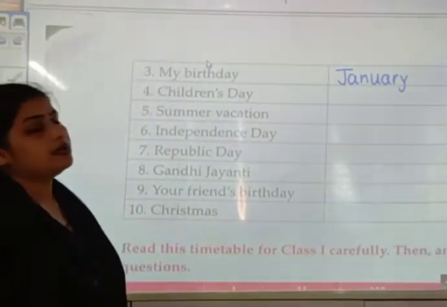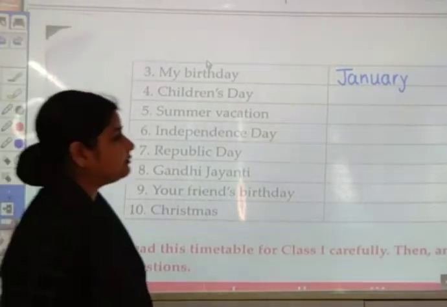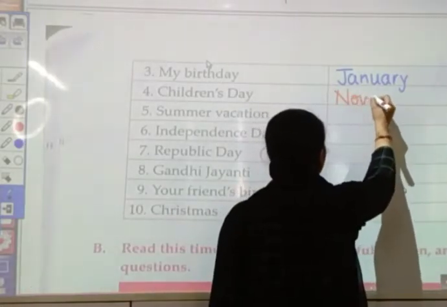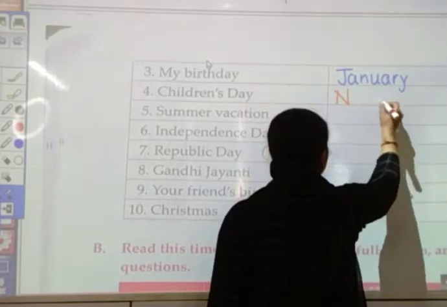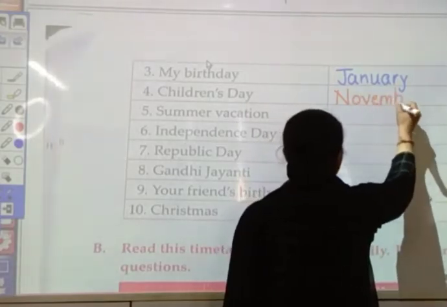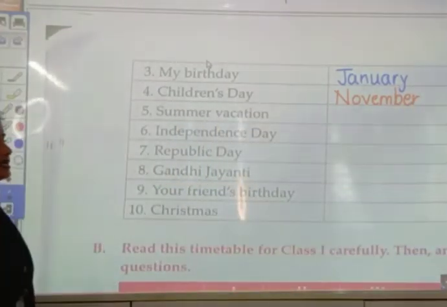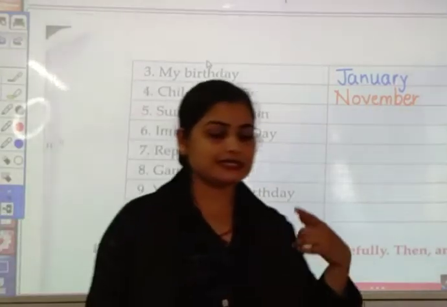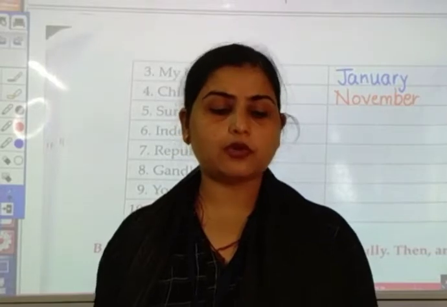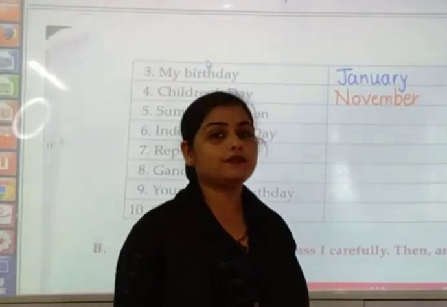Next is Children's Day. In India, Children's Day is celebrated in the month of November. Class 1, you need to practice the months orally. पहले orally उसे बोलने की कोशिश करेंगे, प्रैक्टिस करेंगे बार बार, then it will become perfect.